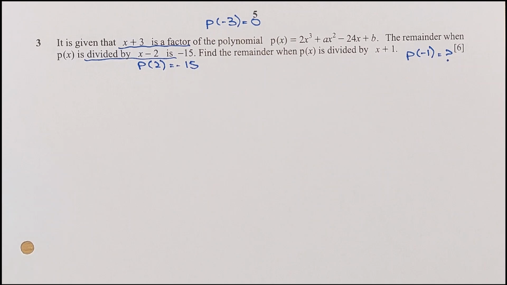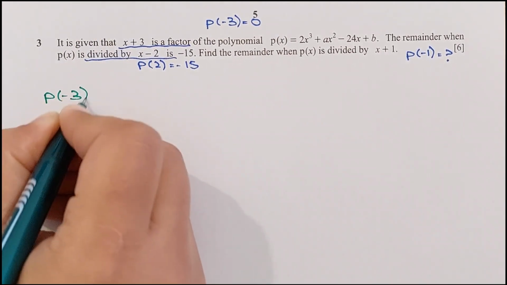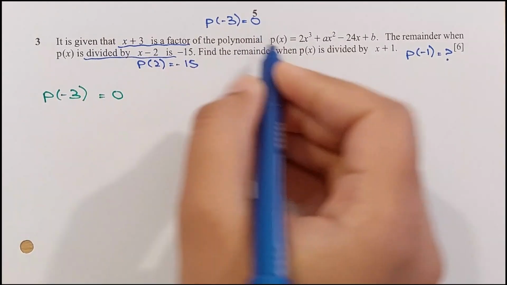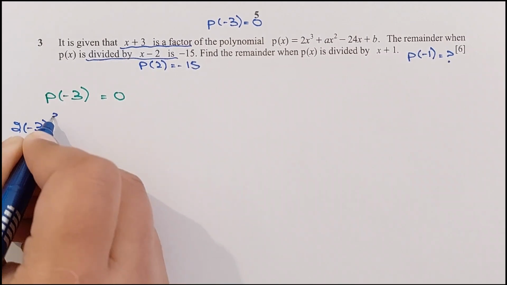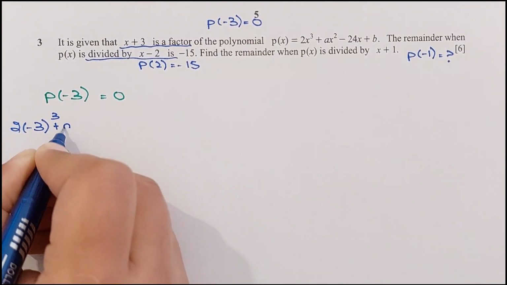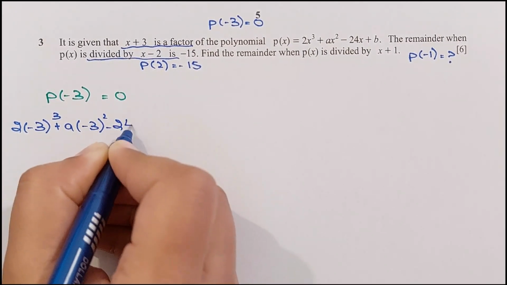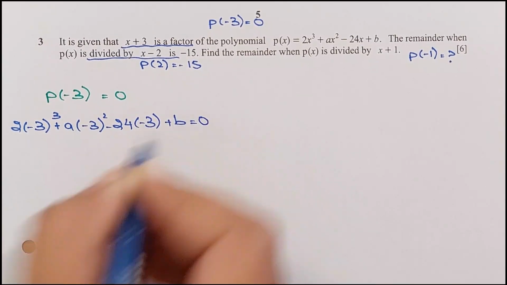So let me use the first information that p of negative 3 is equal to 0. Substituting x equals minus 3: 2 times minus 3 cubed plus a times minus 3 squared minus 24 times minus 3 plus b equals 0.